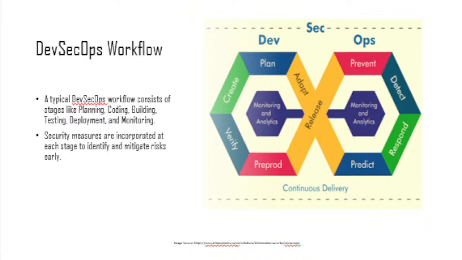In addition, an important principle in the approach is shift left. Shift left is the principle that the earlier security methods are implemented in the development process, the less expensive and painful it is to fix the vulnerabilities.